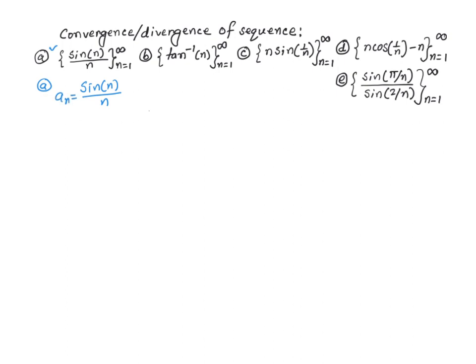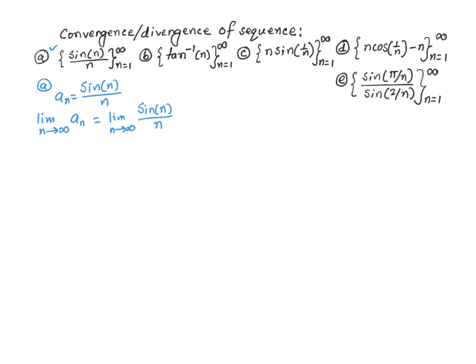We want to find out what is the limit as n approaches infinity of A sub n, which is basically the limit as n approaches infinity of sine of n over n.